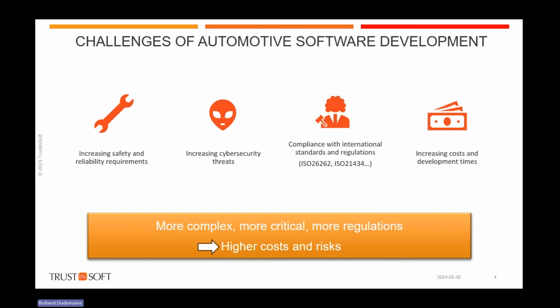Everyone expects the car to work, but as the systems become more and more complex and the software increases, it becomes an increasingly difficult topic. Meanwhile, the car is becoming connected, and that means that there is a cybersecurity threat along with it. And becoming more connected, the autonomous and connected car is a really big challenge.